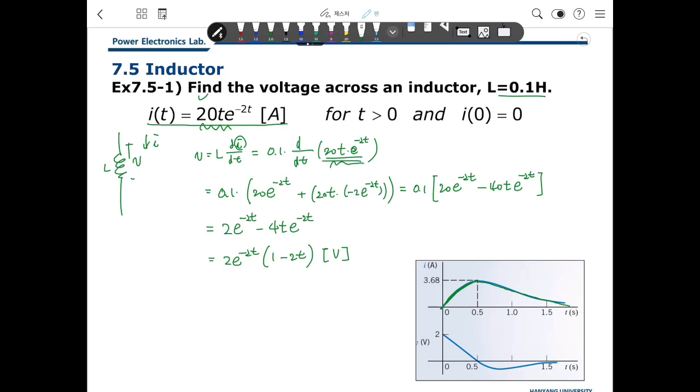That means when the voltage of the inductor is positive, the current increases. So in this area, the voltage is positive. And after that, the current is decreased. That means this voltage is negative, so the current decreases. There's a negative value over here.